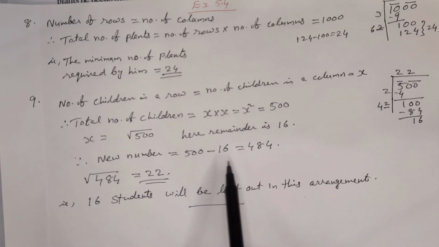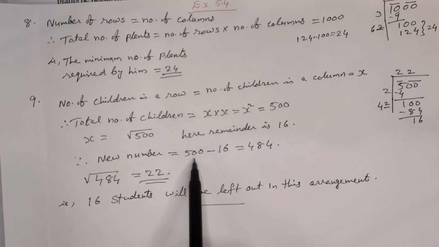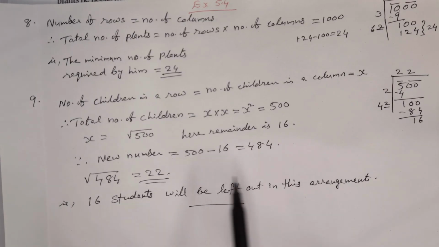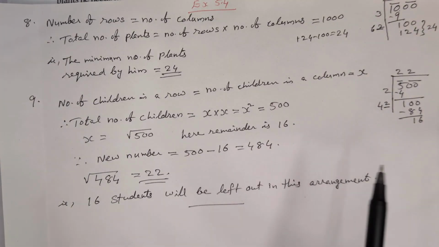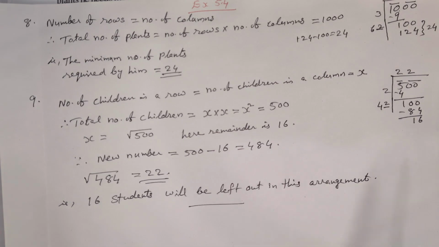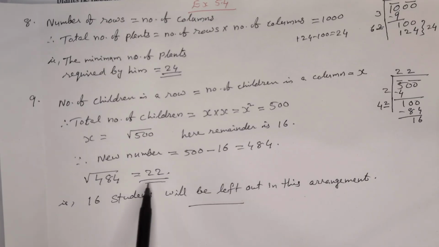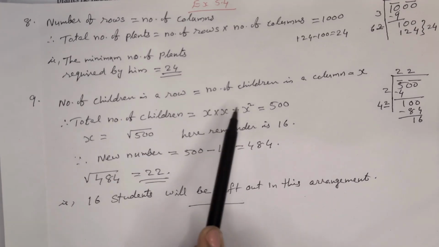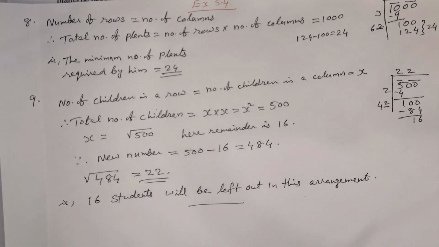So the new number to make a perfect square, 500 minus 16, that is 484. Square root of 484, that is 22. Now here how many children are left out? So 16 students will be left out in this arrangement, and 22 children in a row and 22 children in a column. Number of children in the row and column is equal to 22.